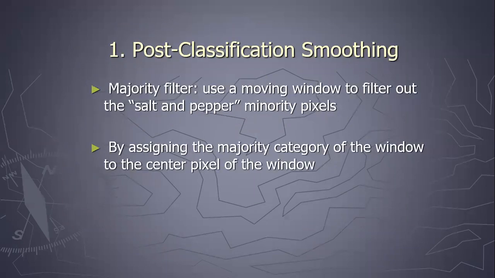Post classification smoothing, majority filter: use a moving window to filter out the salt and pepper minority pixels, for better results and better thematic maps, by assigning the majority category of the window to the center pixel of the window, right?